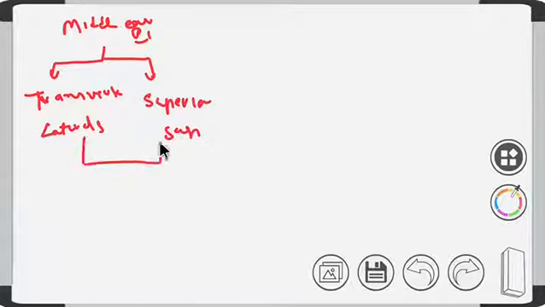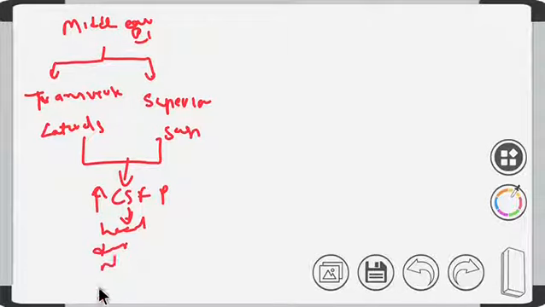These two result in increased CSF pressure, that results in headache, diplopia, nystagmus, and papilloedema. All these things will result.